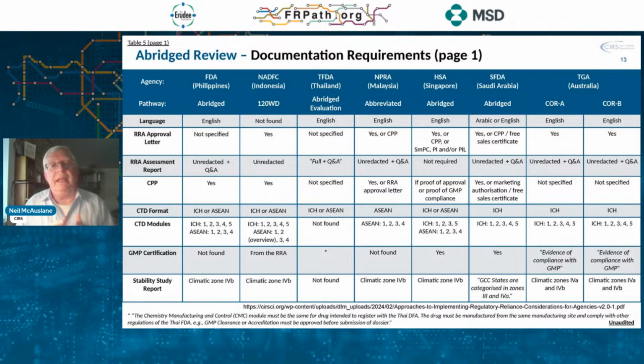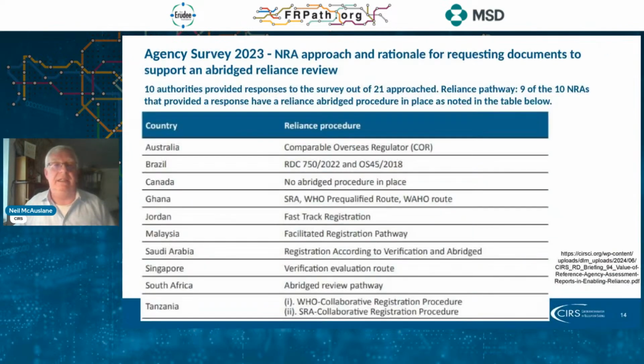But the one thing that doesn't come clearly from the documentation and the guidelines is what the depth and scope of the review is. That is one of the challenges: yes, we're asking for the documentation, but how does it get utilized?